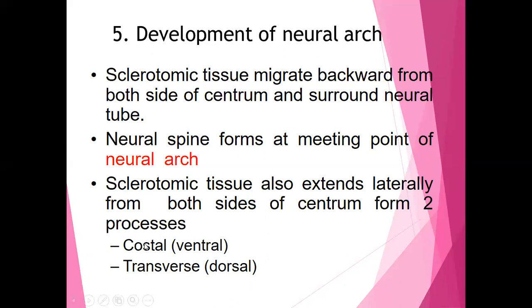One, the costal process, forms ventrally, and the transverse process forms dorsally. I told you a typical vertebra has a body, a costal process, and a transverse process. So here the sclerotomic tissue extends laterally, because the body has come in the middle, and on both sides half from one side and half from the other forms these, so ventrally we have the costal process, which is important in the case of the thoracic vertebra.